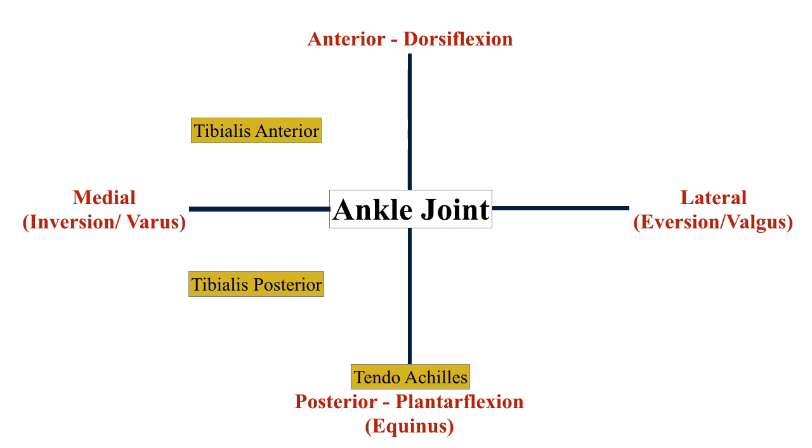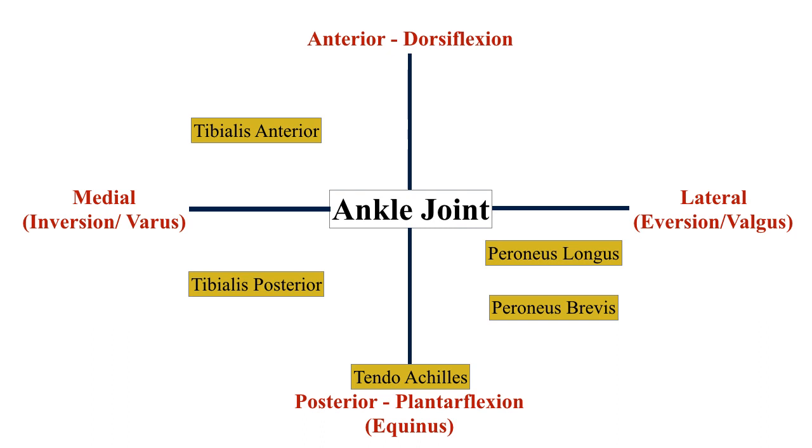Tendo Achilles is present exactly in the midline on the posterior aspect of the ankle joint, and hence it causes plantar flexion or equinus of the ankle joint. Peroneus longus and brevis are the other two important muscles which are present in the posterolateral quadrant.